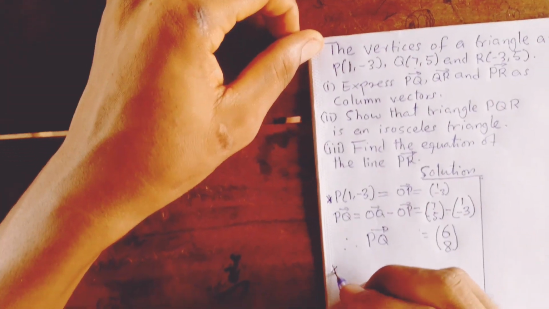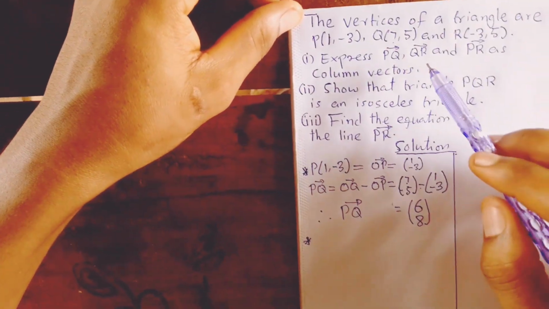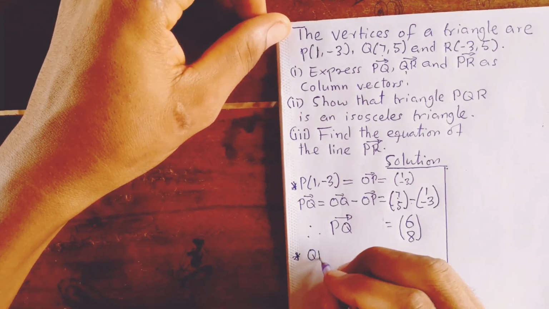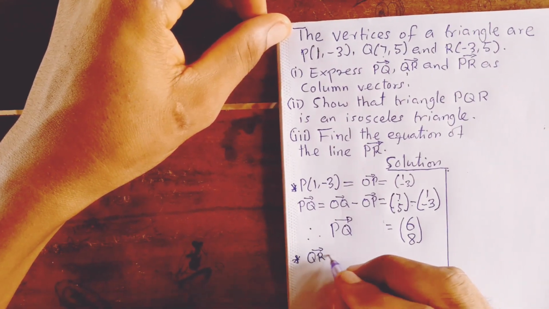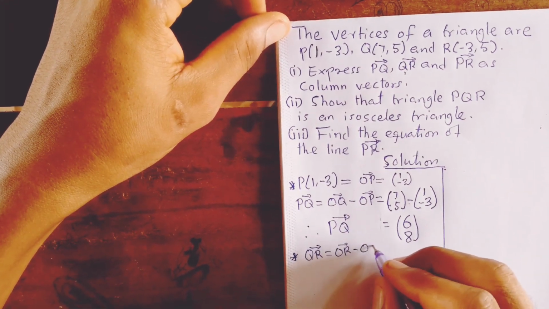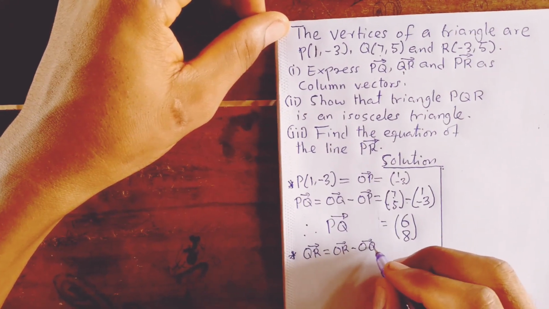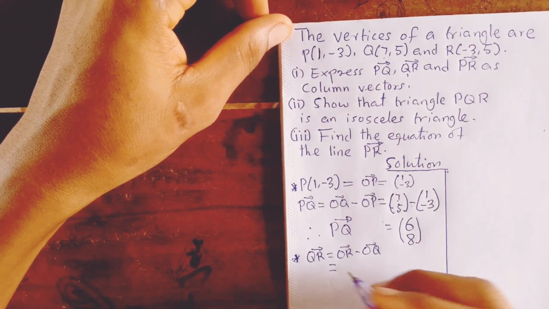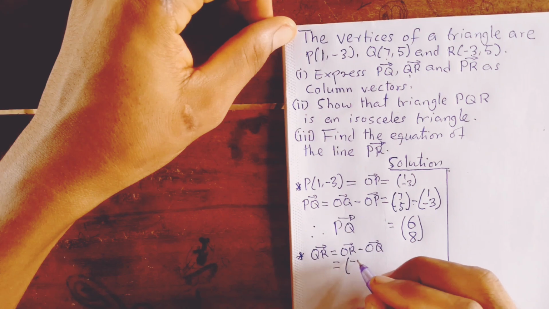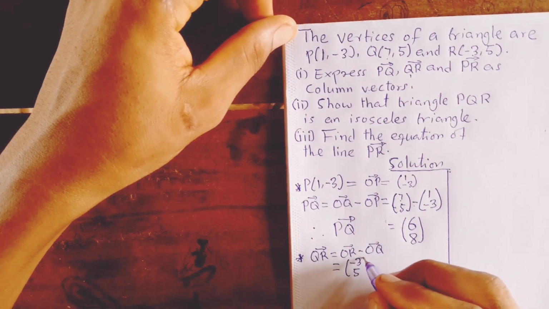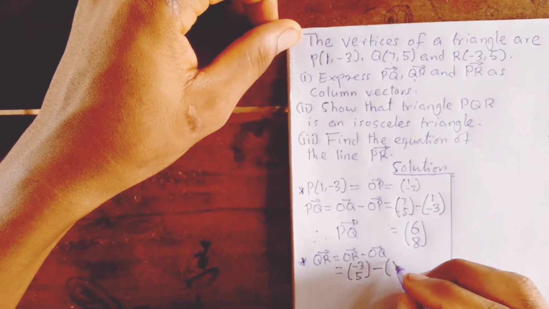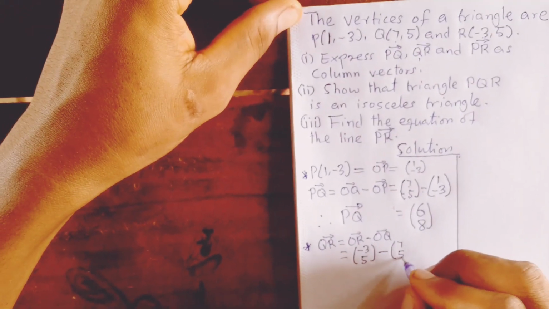The second one, it says find QR. So QR is equal to OR minus OQ, where OR is (-3, 5), so I'll write (-3, 5) minus OQ, and OQ is (7, 5).